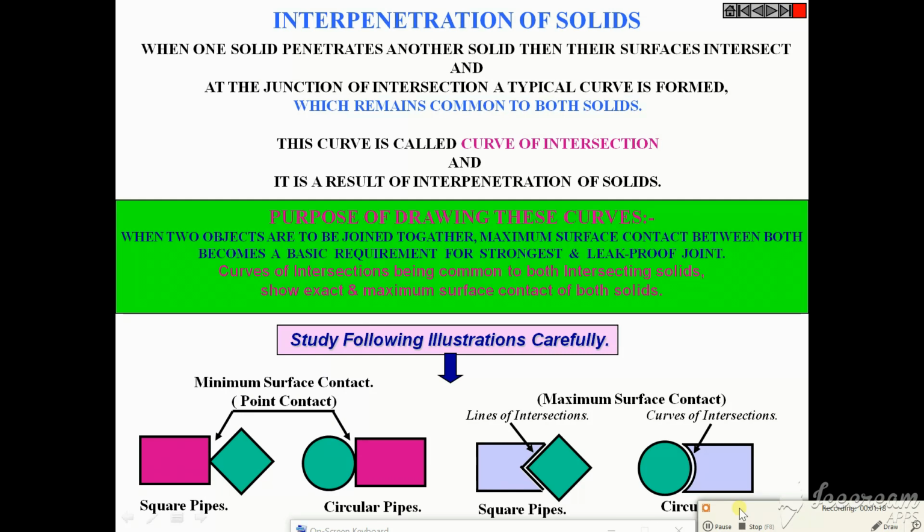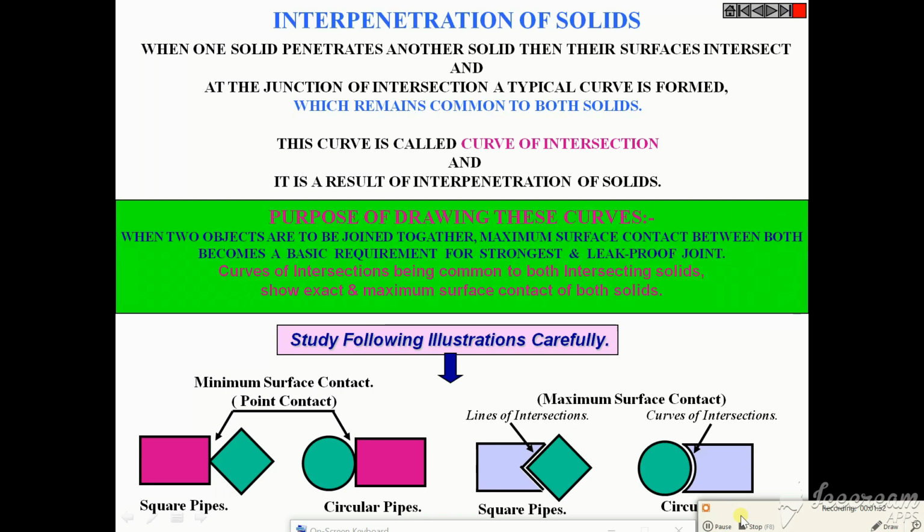Purpose of these drawings: when two objects are to be joined together, maximum surface contact between both becomes a basic requirement for the strongest and leak-proof joints. With this, what do we understand? Generally, when you are using a particular system, while manufacturing it, definitely it is a linkage, a combination of many small components.